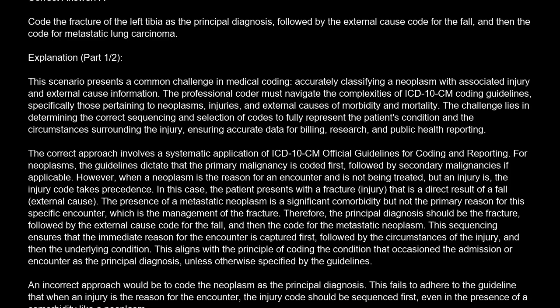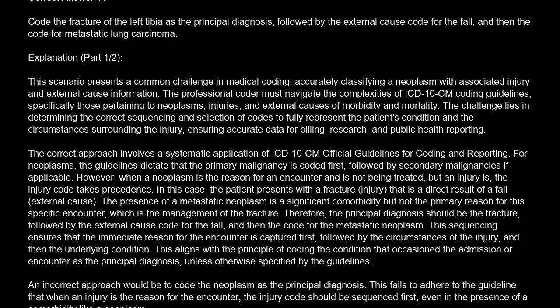However, when a neoplasm is not the reason for the encounter and is not being treated, but an injury is, the injury code takes precedence. In this case, the patient presents with a fracture that is a direct result of a fall. The presence of a metastatic neoplasm is a significant comorbidity, but not the primary reason for this specific encounter, which is the management of the fracture.